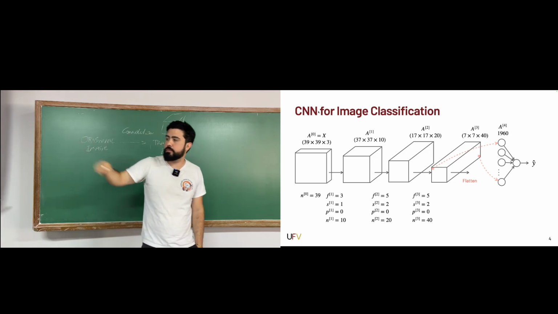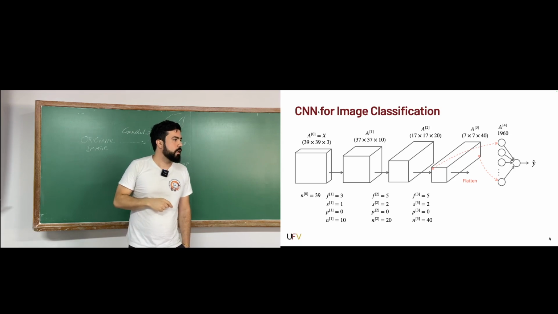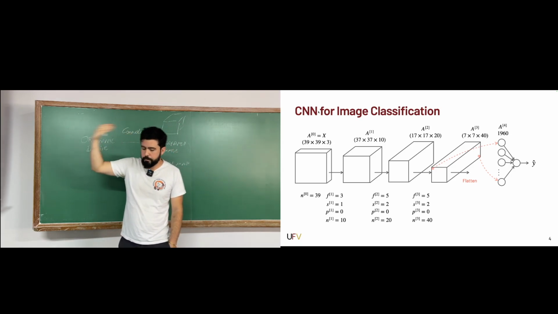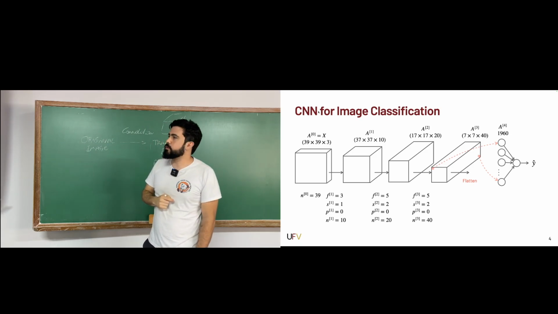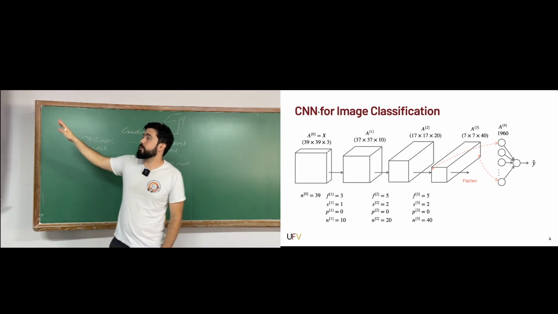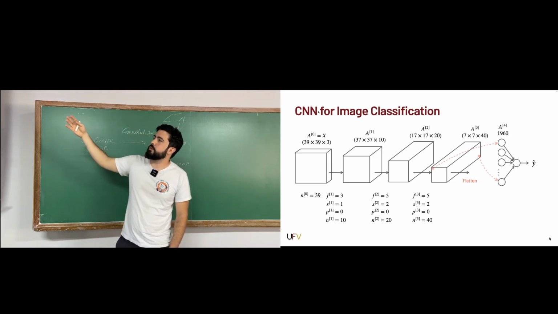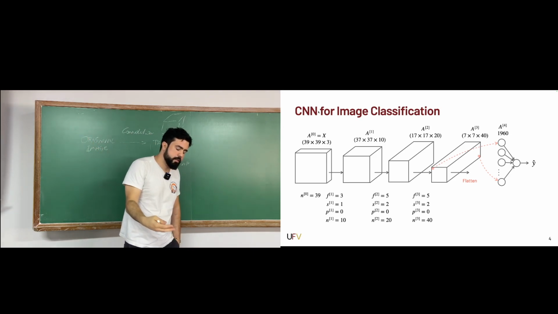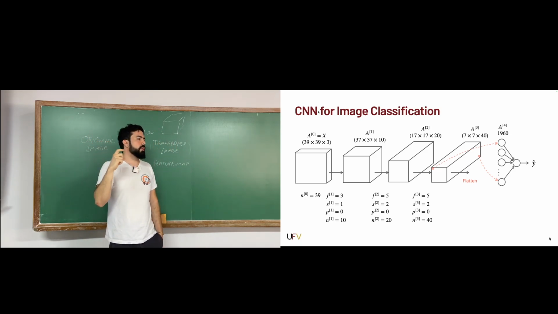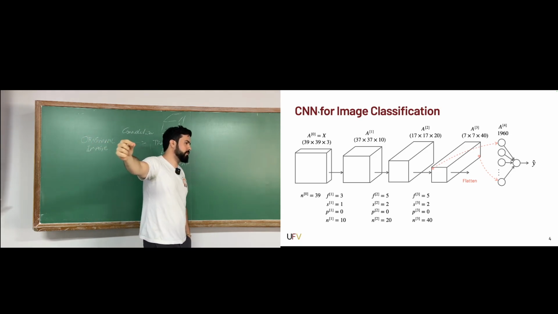The depth comes right from the number of filters. So you can keep applying convolutions to this initial image, and that gives you a final feature map that normally decreases in width and height and increases in depth.